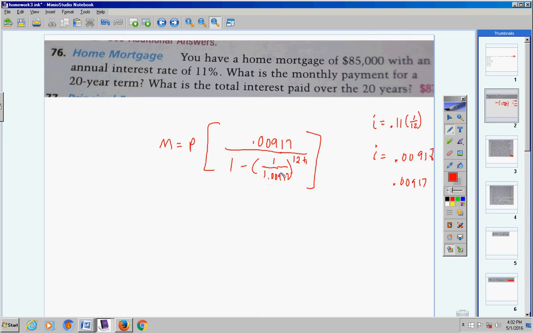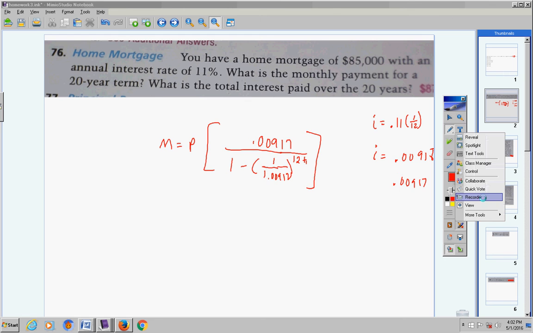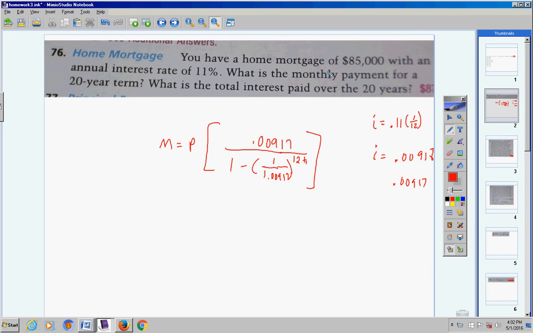Now with your calculator, if you type in 1 divided by 1.00917, and hit enter, and then raise that to the 240th power.